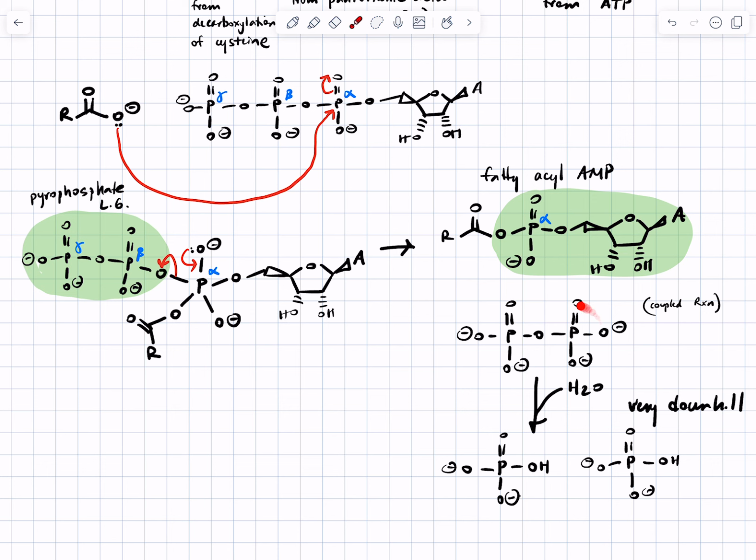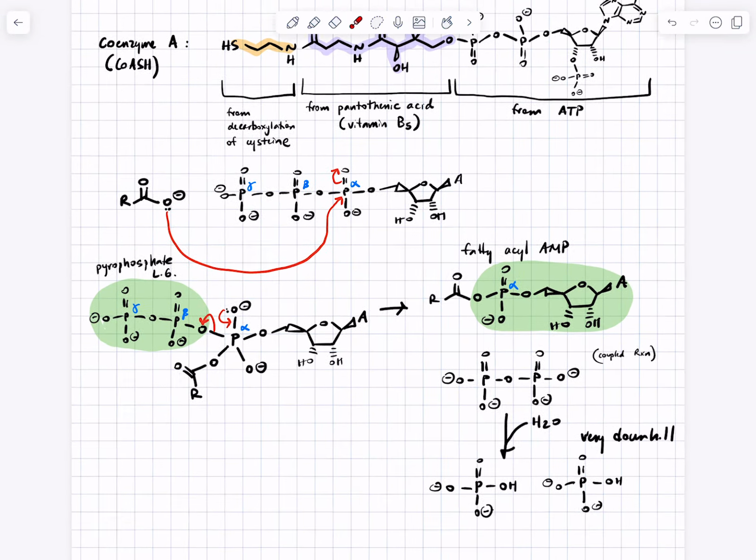So you're going from something that's around level 1 in reactivity to level 4. So this is very downhill. I don't actually know whether this happens spontaneously in the cytosol or whether there's an enzyme that helps it happen. But either way, it helps make this reaction favorable. Nature does this a lot, coupling some reactions to others that are even more downhill to push things forward.